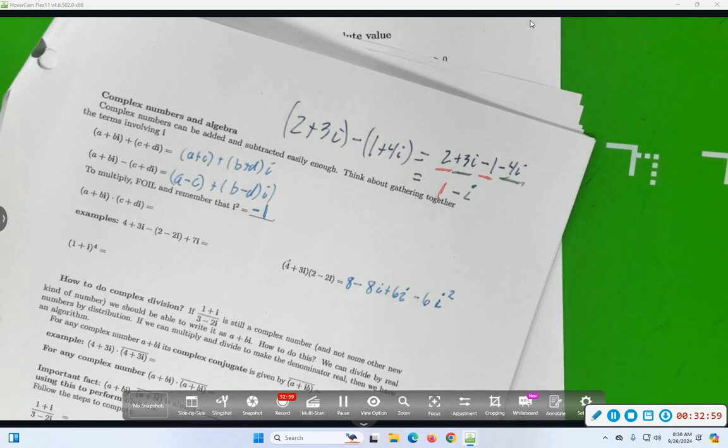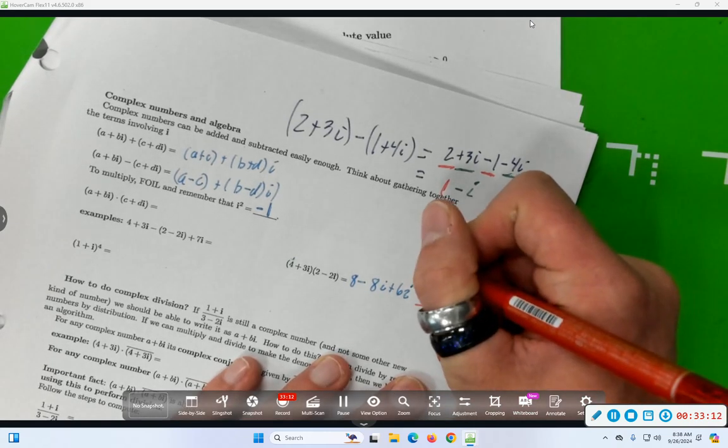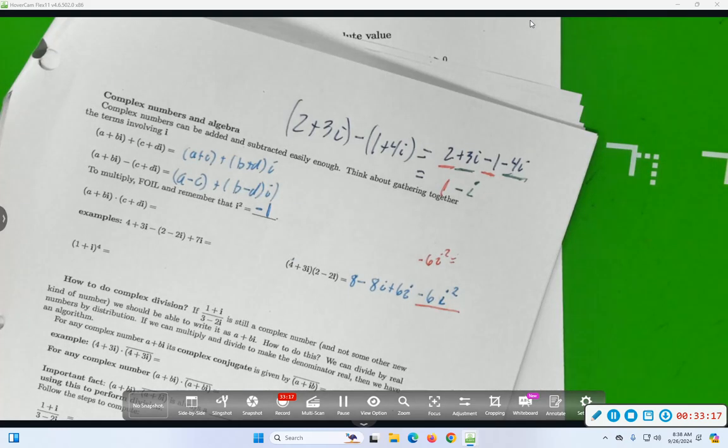That feel okay right now? All right. So there's most of the work. Now let's just use i squared equals negative 1 and combine like terms. So let's focus on this negative 6i squared. What's i squared? Negative 1.